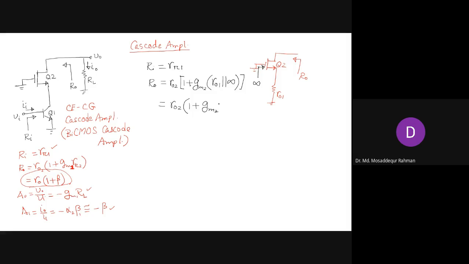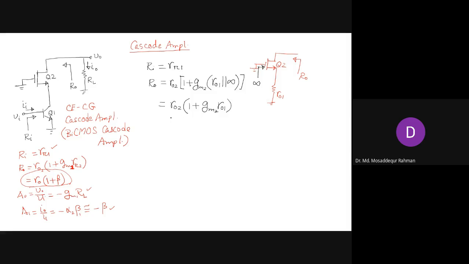So Gm2 times small r naught 1. So r naught 1 is high, but if you compare it with the infinite resistance, this is nothing. This is very small. So the parallel combination will be the small one. So that will be our output resistance.